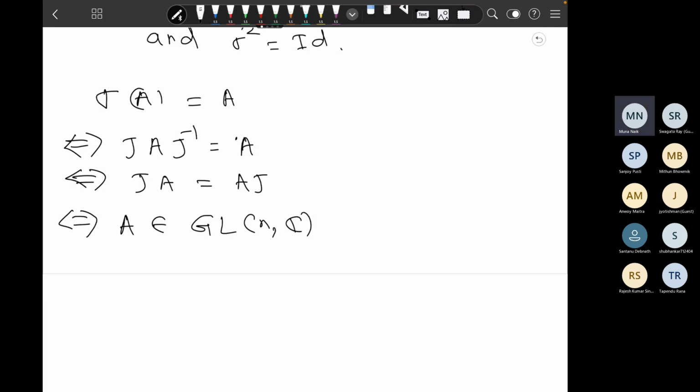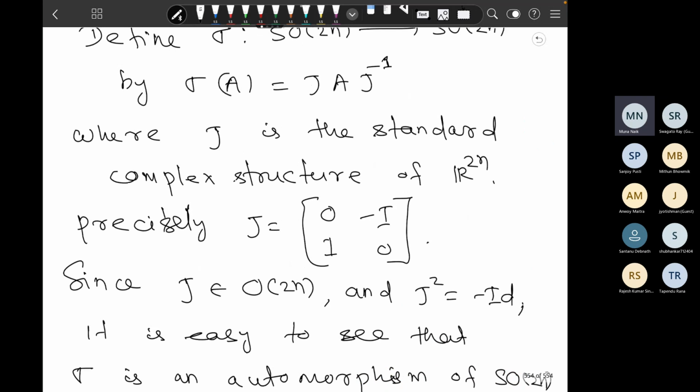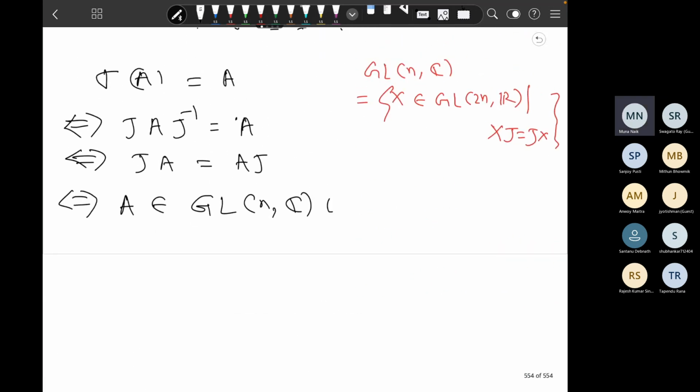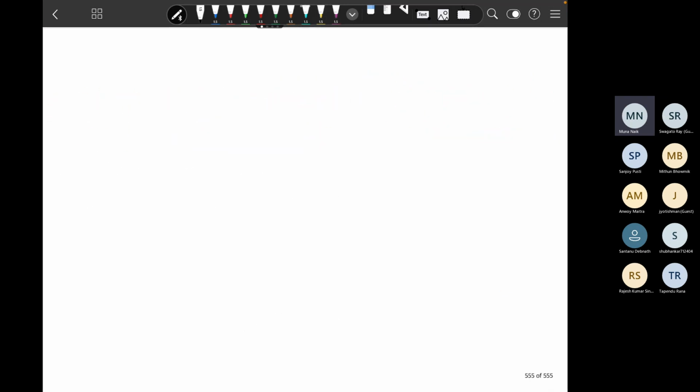And remember, we have shown in the first or second class that GL(N,C) is equal to the set of X in GL(2N,R) such that XJ is equal to JX. So I am using that fact. So A belongs to GL(N,C), and A is also an element of SO(2N). So A belongs to the intersection. So hence we get this thing.